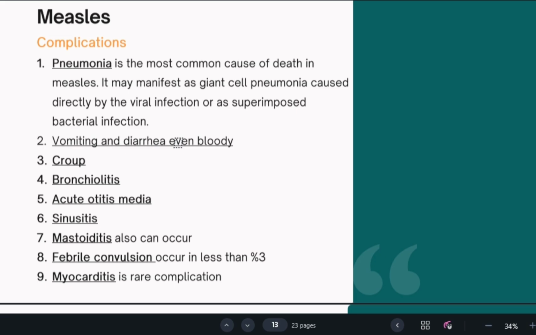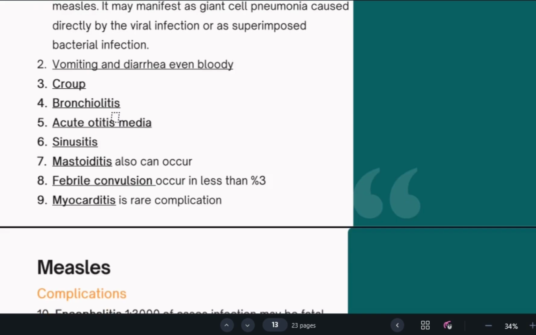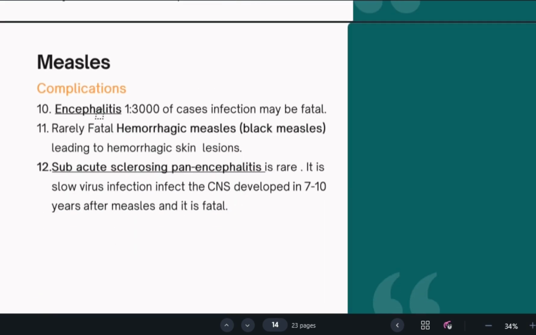Vomiting and diarrhea, even bloody, croup, bronchiolitis, acute otitis media, sinusitis, mastoiditis, febrile convulsion occur in less than 3%. Myocarditis is a rare complication. All this occurs because of the virus-caused necrosis of the respiratory epithelium.